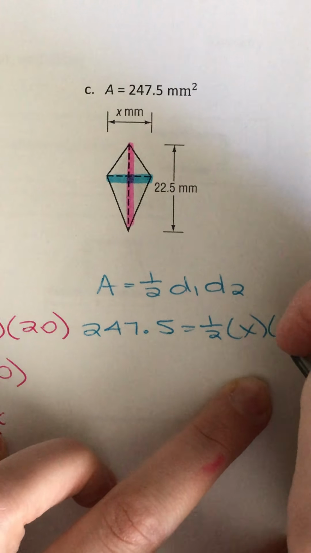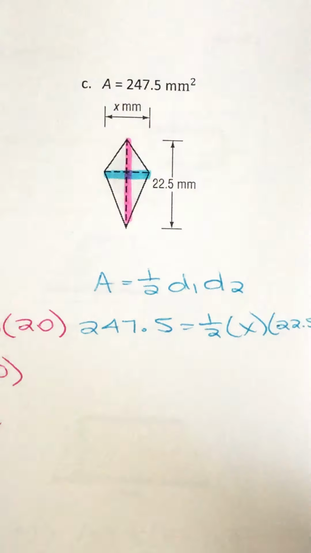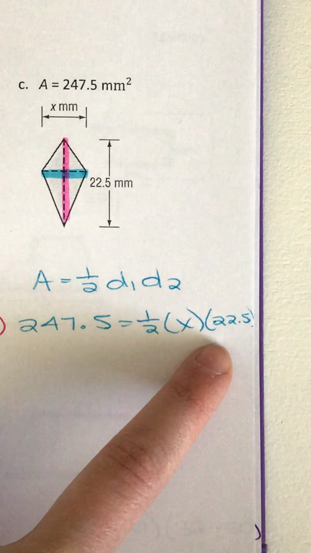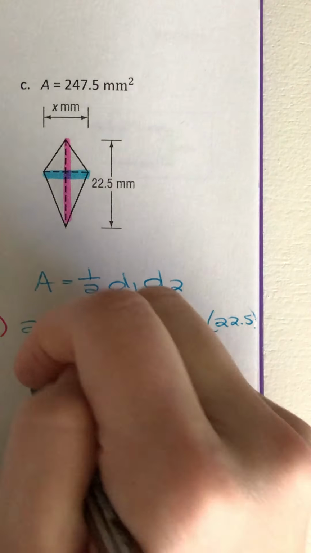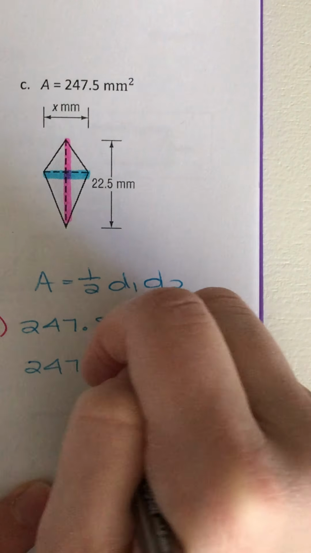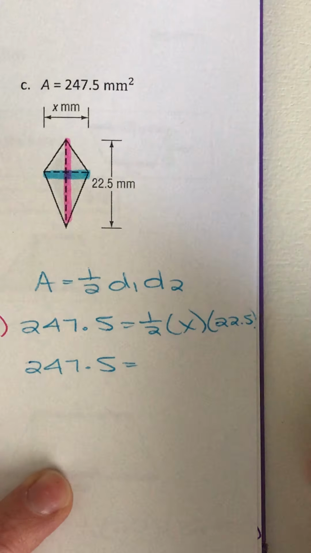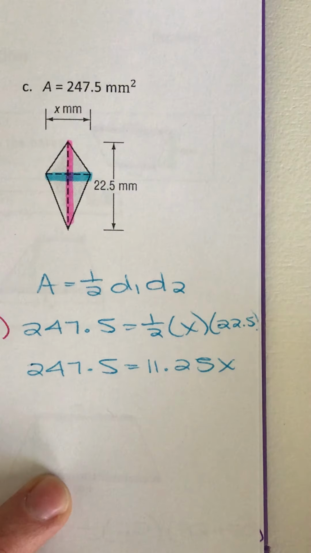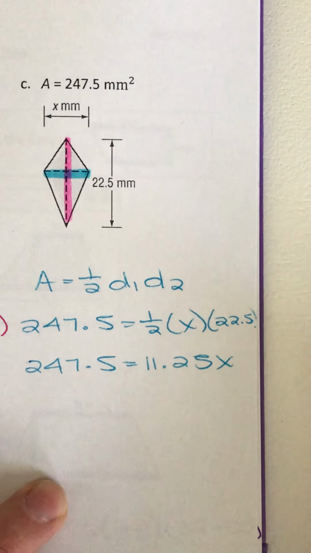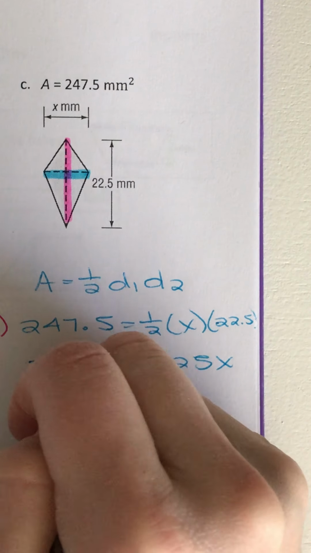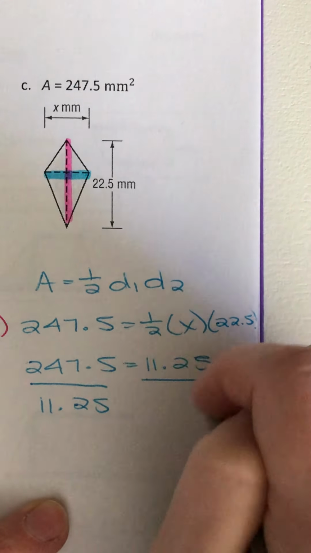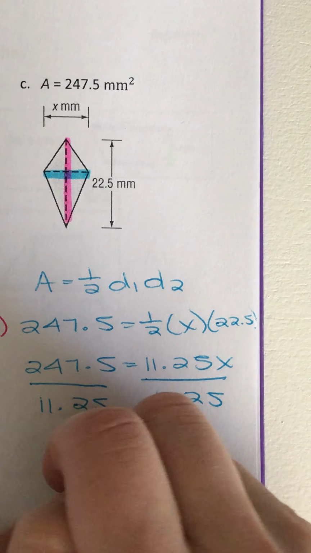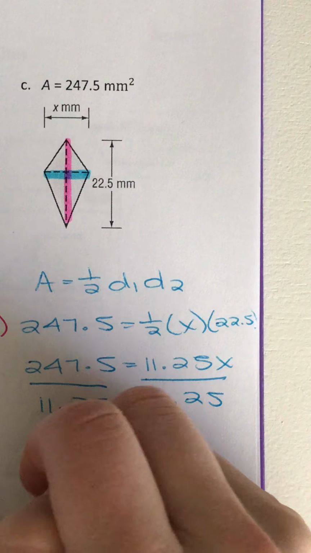My other diagonal is 22.5. Sorry, I ran out of a little room there. I'm going to take half of 22.5. Half of 22.5 is 11.25. Divide both sides by 11.25. And I get 22 equals x.